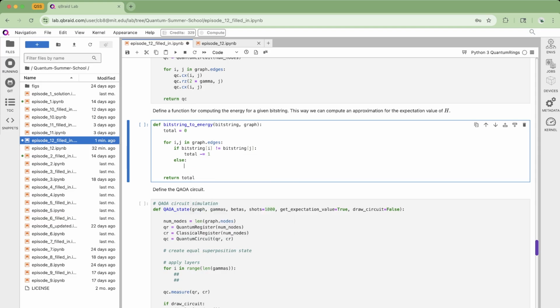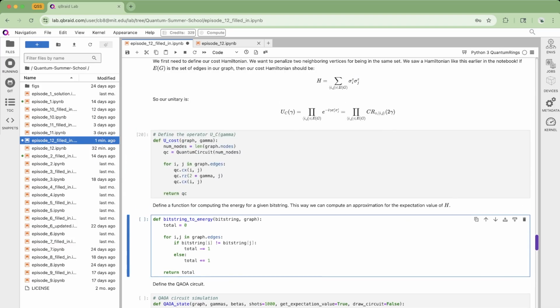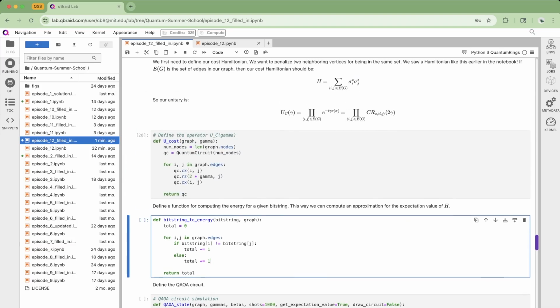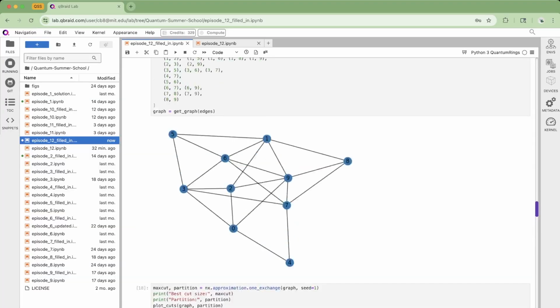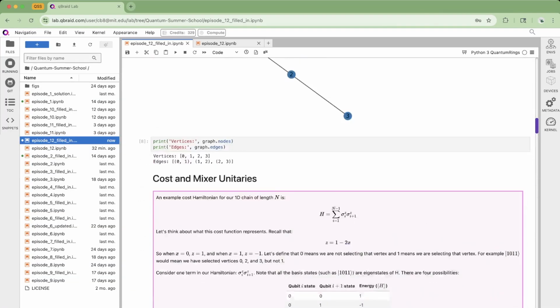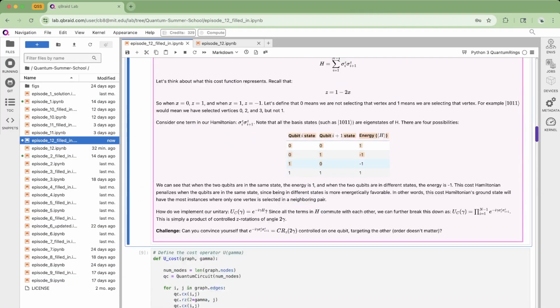And if the 2 bits are the same as each other, then that's unfavorable, and we increase by 1. And that's coming from this little table up here somewhere. Yeah, this table. And now we can create our full QAOA circuit.